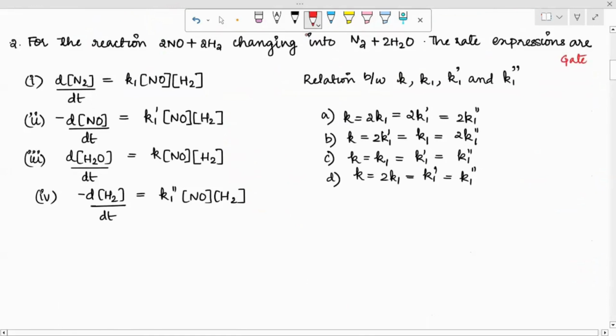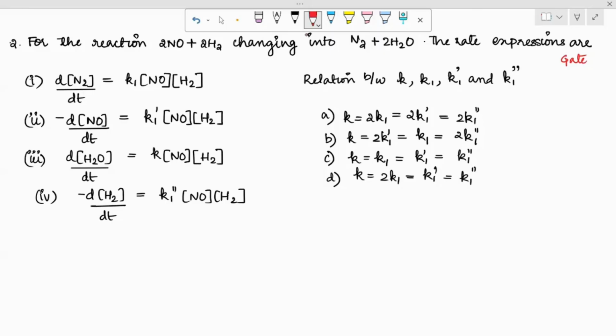Next question, a previous year GATE question. They have given a reaction 2NO plus 2H2 changing to N2 plus 2H2O. The question is, the rate expressions are as shown below, 1, 2, 3, and 4. We have to find the relationships between K, K1, K1 prime, and K1 double prime.